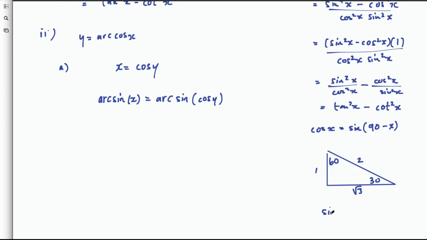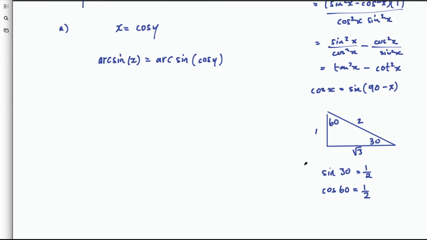So remember that sine of 30 is a half, and also cosine of 60 is a half. So we could also say that the cosine of 60 is equal to the sine of 30. In other words, the cosine of x is equal to the sine of 90 take x.